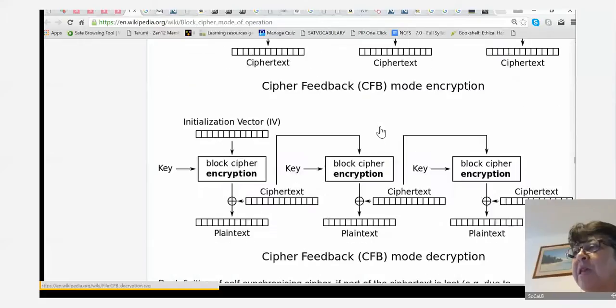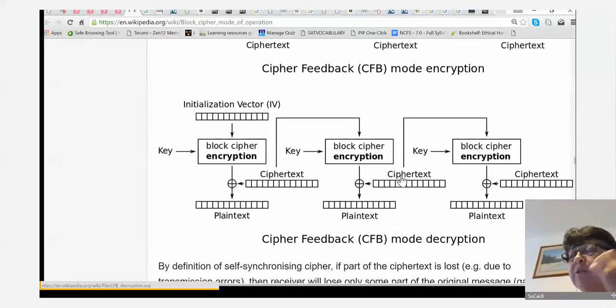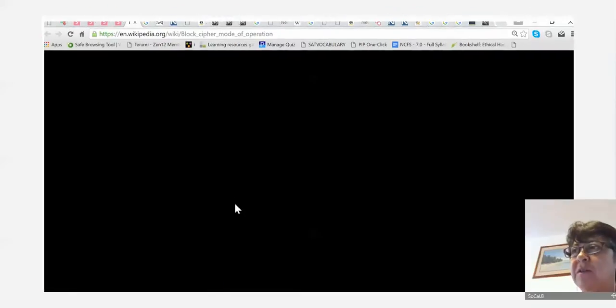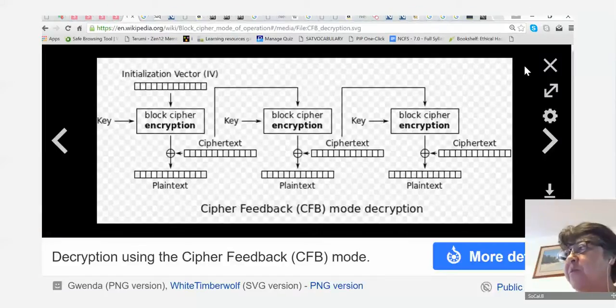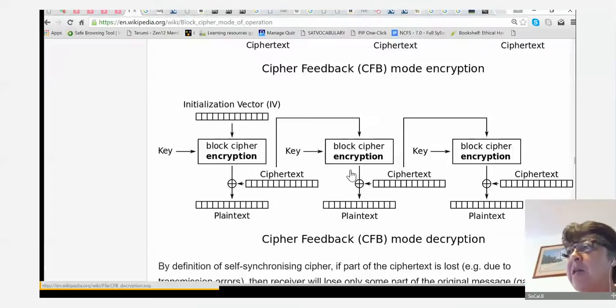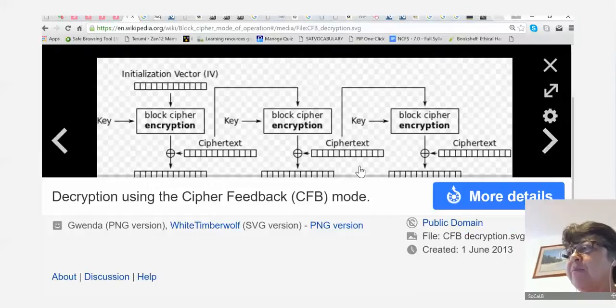You take the ciphertext in, and you have all the ciphertext, so you still have everything you need. You XOR with the plaintext. It's just that the IV is going in a different place to start out. Before, the ciphertext went in and the IV was XORed first, but it's not anymore. I'm sure there's a way to break that too. So that's cipher feedback number 3.